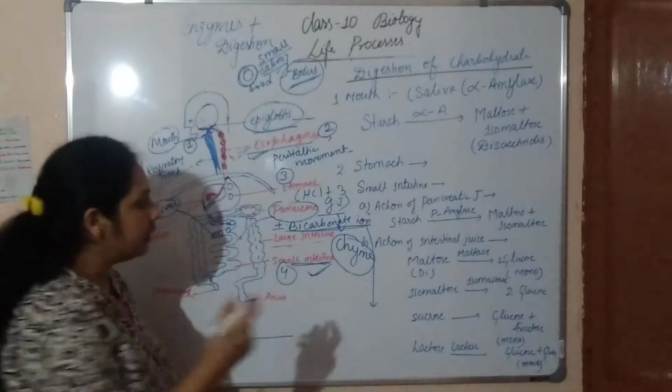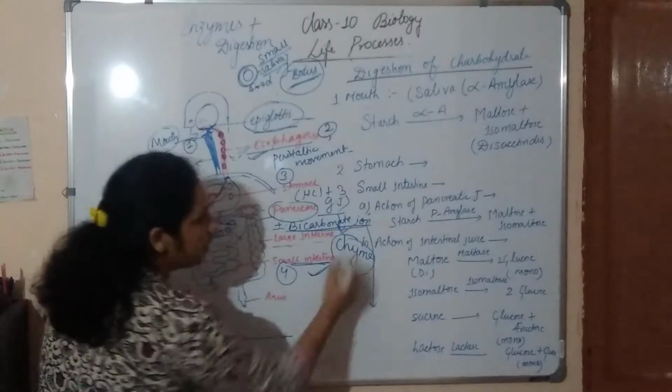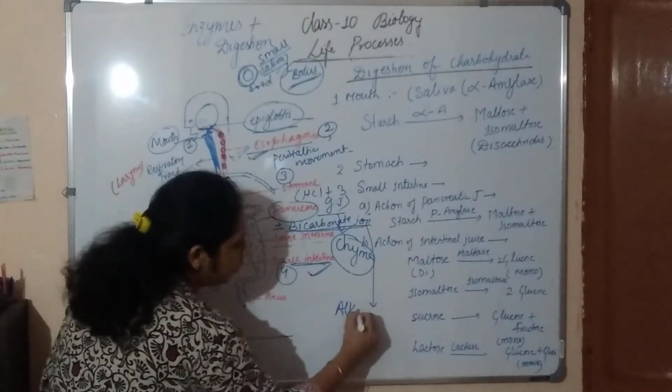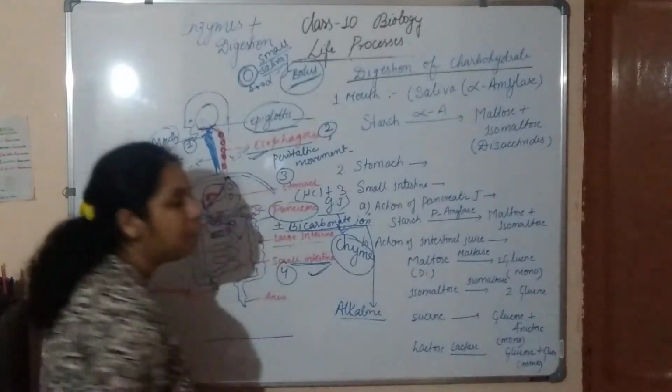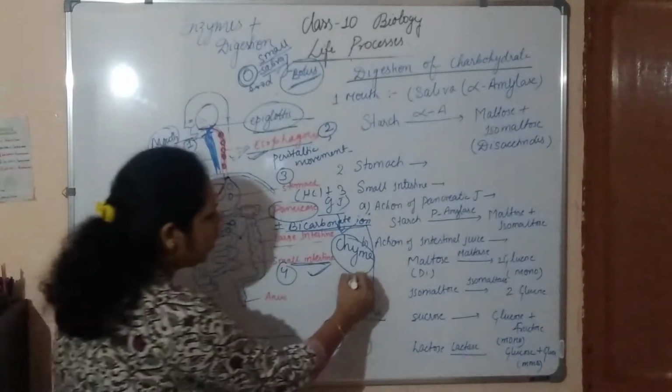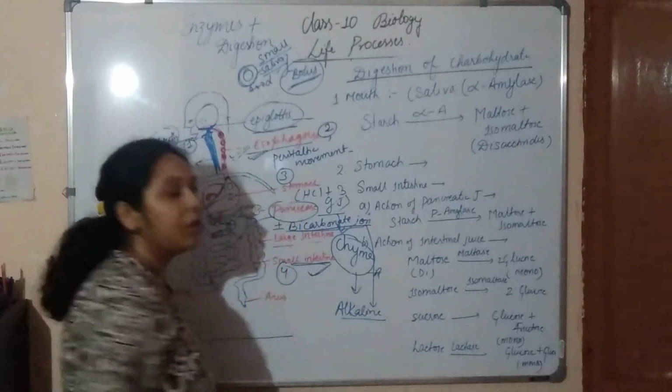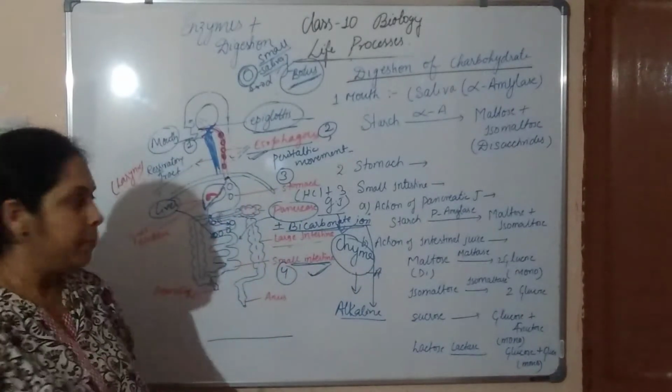The bicarbonate ion helps change it to alkaline. So it makes the chyme, which is highly acidic, slightly alkaline.